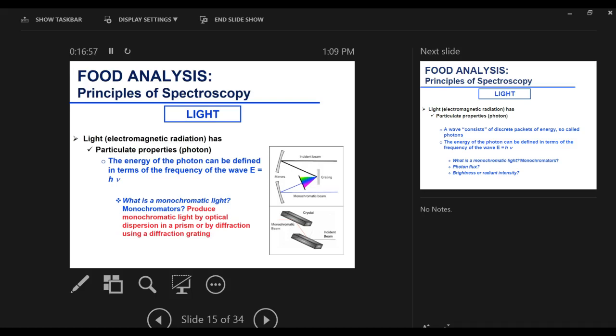And then you would have a monochromatic light or beam. Then it gets to another mirror that gets reflected to where your sample is for absorption. So that is the monochromator that allows for diffraction of light and selection of waves at a singular or narrow wavelength.